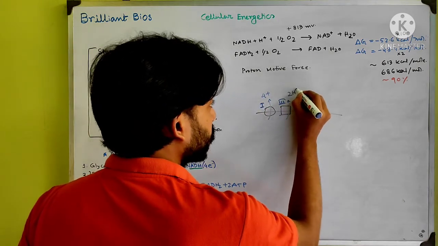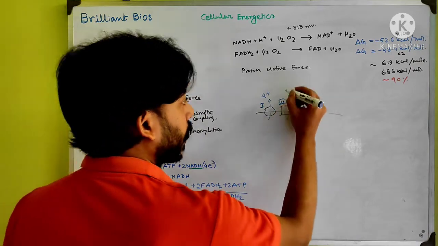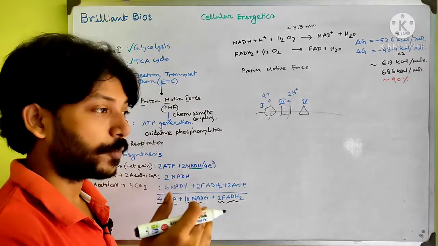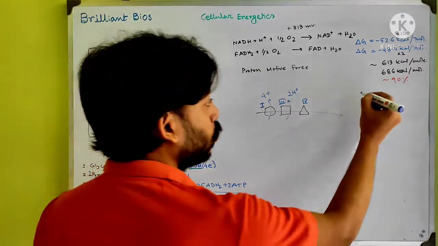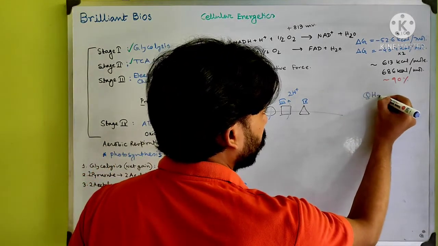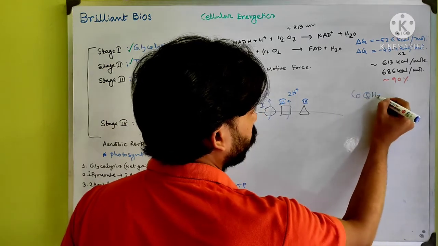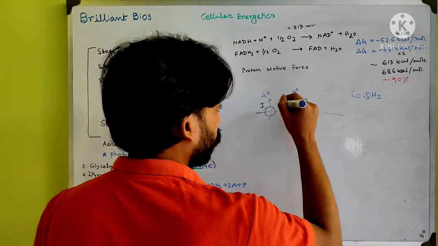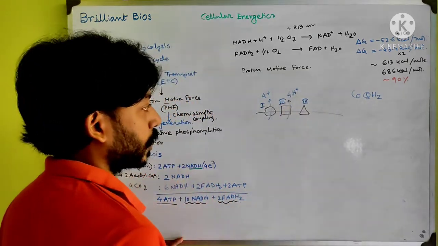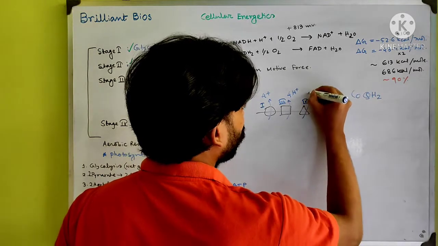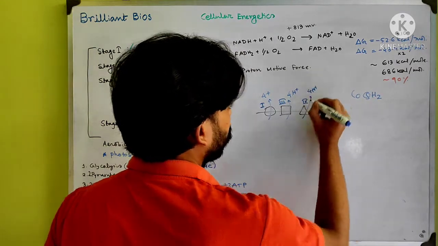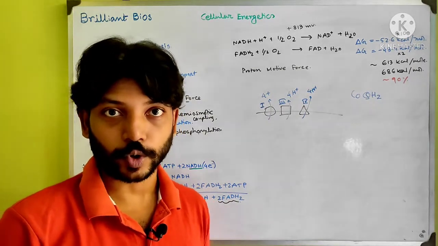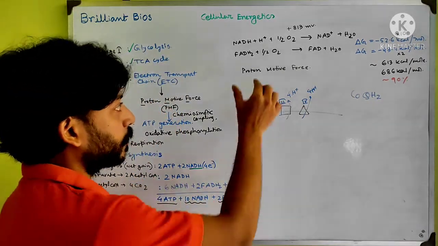From complex 3, 2 protons are released directly, but another 2 protons are released due to CoQ. That means the ubiquinone contains 2 hydrogen atoms, and when it gets reduced, it will release them subsequently. So from complex 3, 4 protons are released, and from complex 4, 4 protons are released. But complex 2 doesn't participate in this proton pumping, so it will not generate proton motive force.